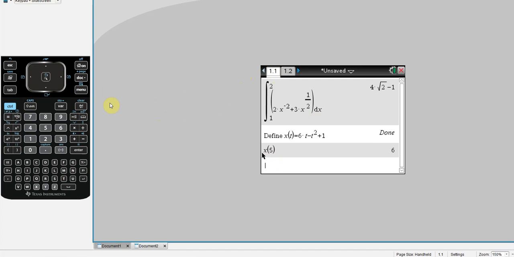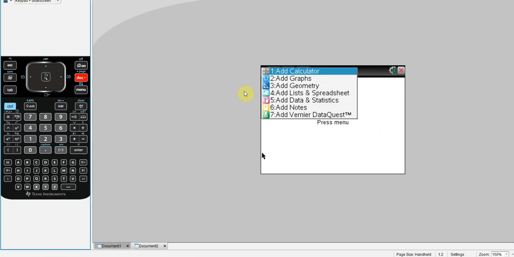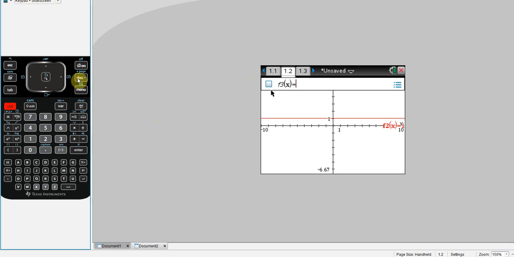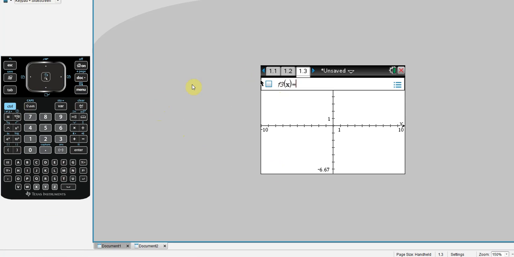I think that was a bit of a mistake. So, let me just go into a graphs page again. Okay, we're good. Let's go to a fresh graphs page. Alright, so let's try just writing that again.